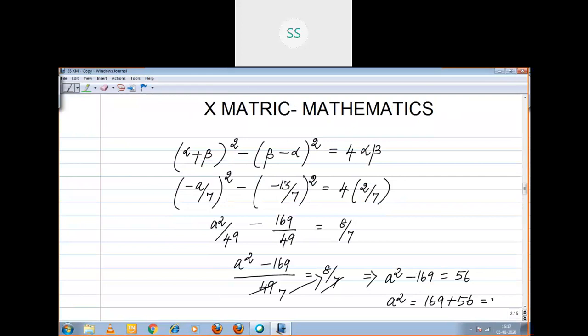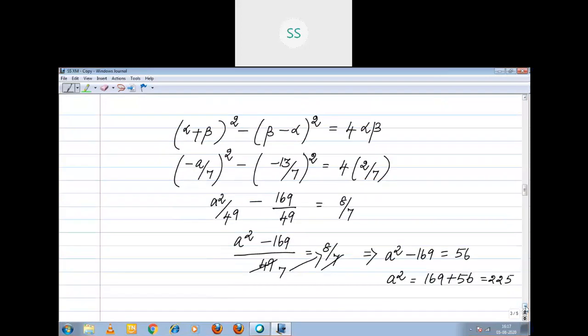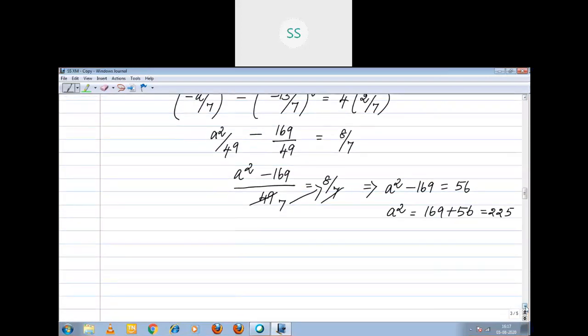So 225. What is your A now? When you are taking the square root, what can you arrive at? A equal to plus or minus 15.